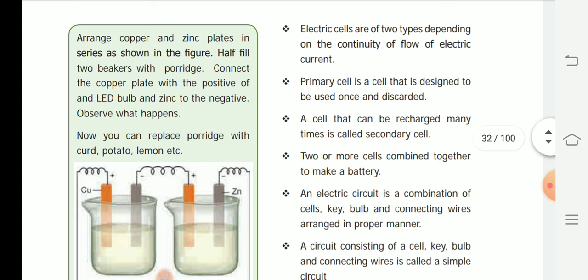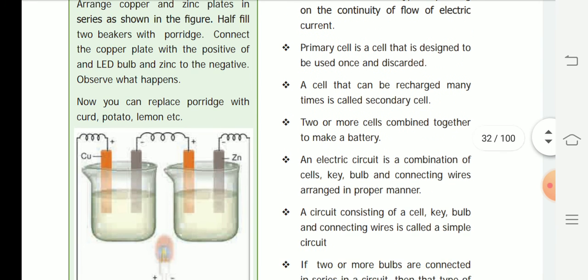Electric cells are of two types. A primary cell is a cell that is designed to be used once and discarded. A cell that can be recharged many times is called a secondary cell.